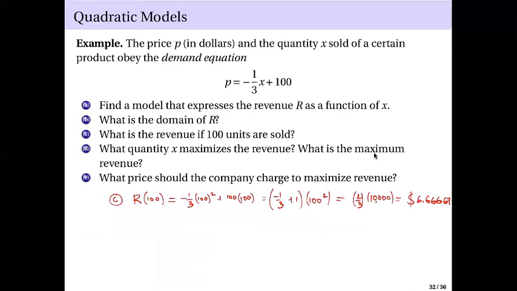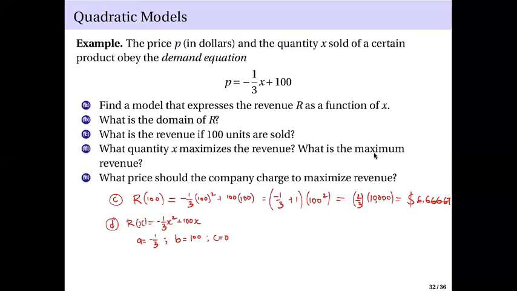So for letter D, again, let's have the function. Let us recall that: negative 1/3 x squared plus 100x. In this, your A equals negative 1/3, your B is equal to 100, and of course your C is just 0.